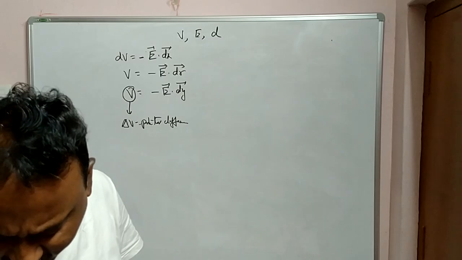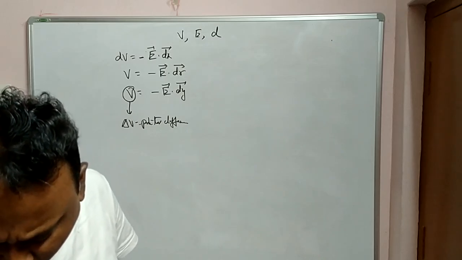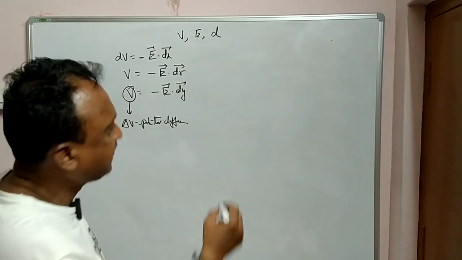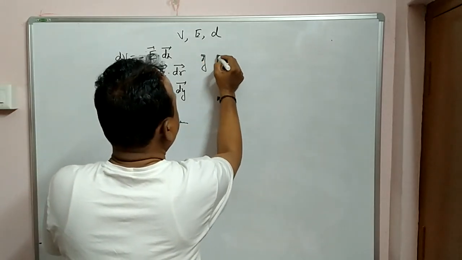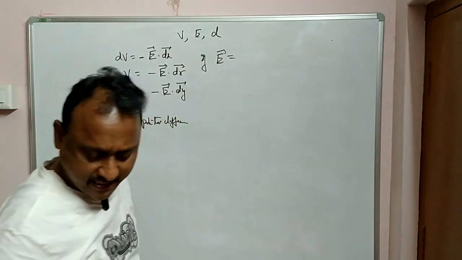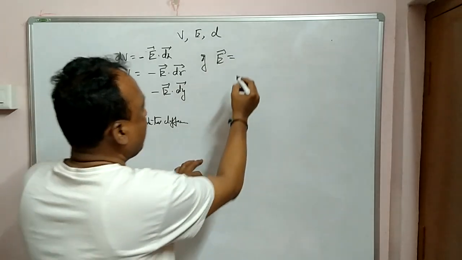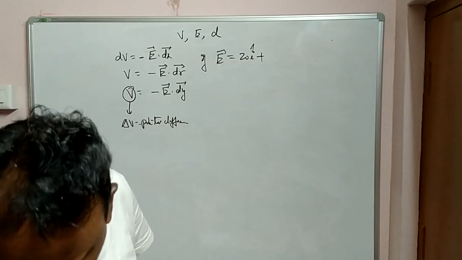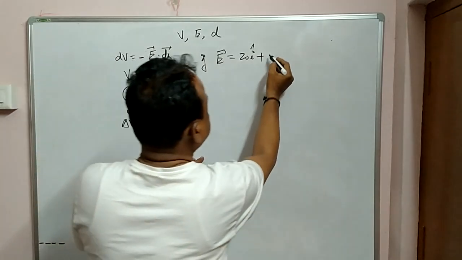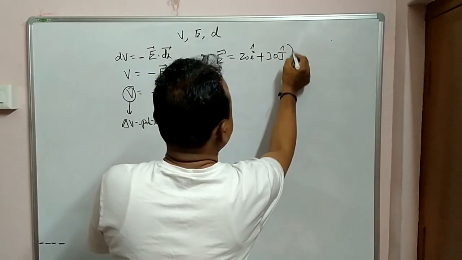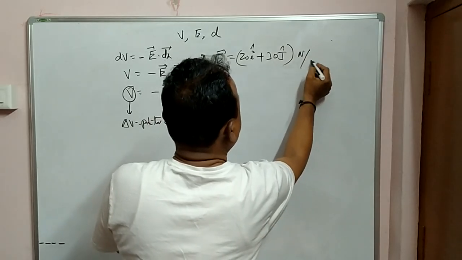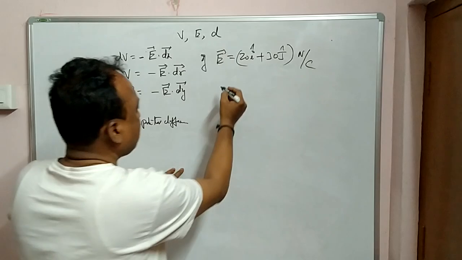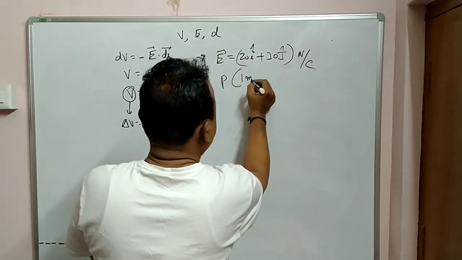Okay. For understanding this better, I will give a small problem. Note down this one. If the electric field intensity is given as 20 i cap plus 30 j cap Newton per Coulomb, and a point P is given, 1 meter, 2 meter.